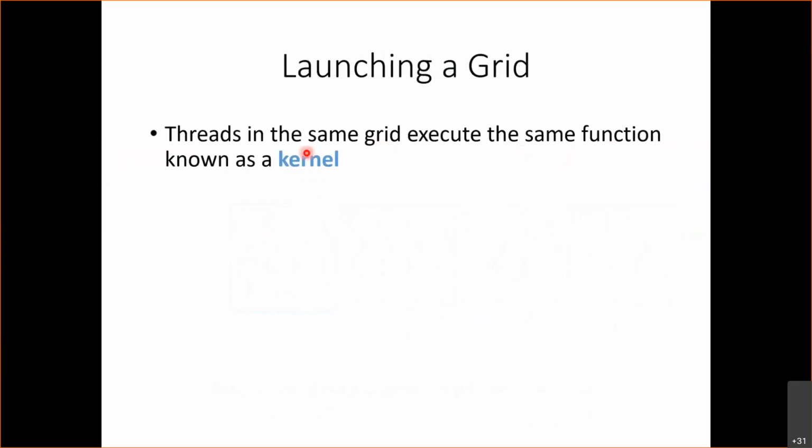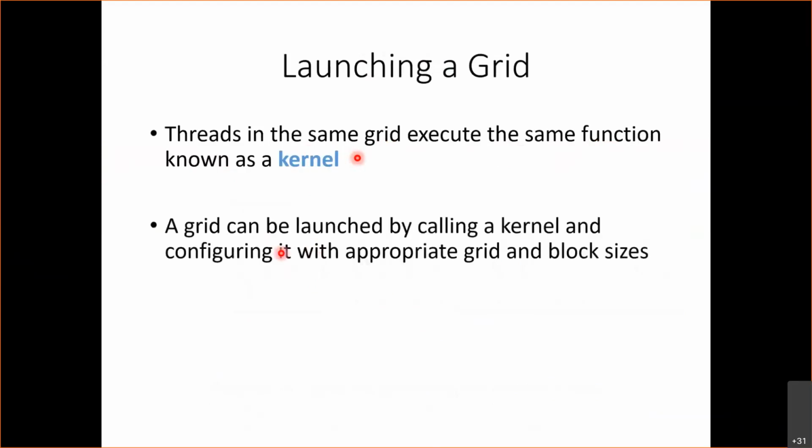The way to launch a grid is by calling this special function, the kernel, and telling it the grid size, in other words the number of blocks in the grid, and the block size, in other words the number of threads in each block. I'll show you how to do this.